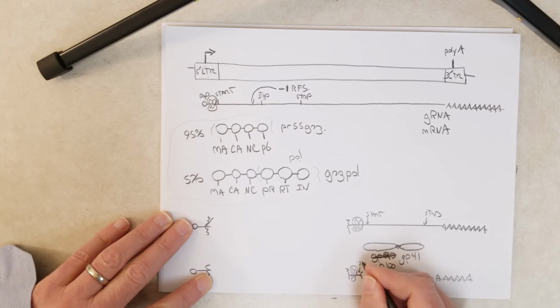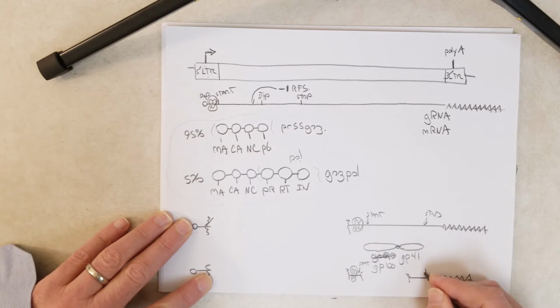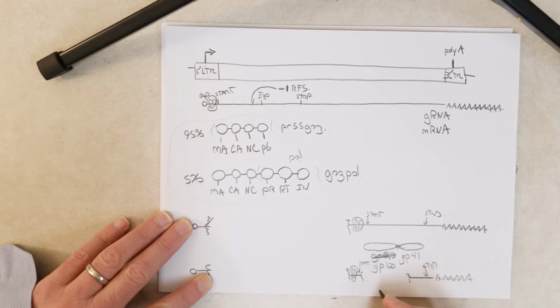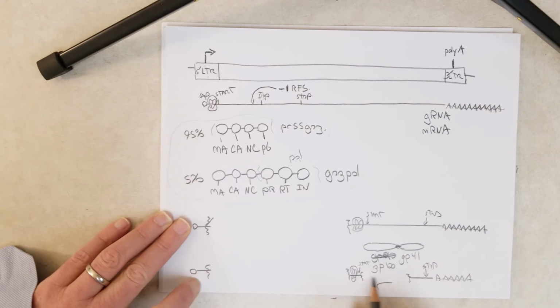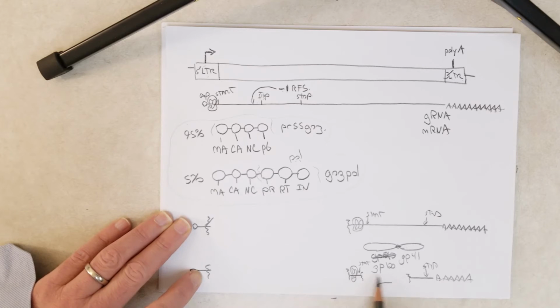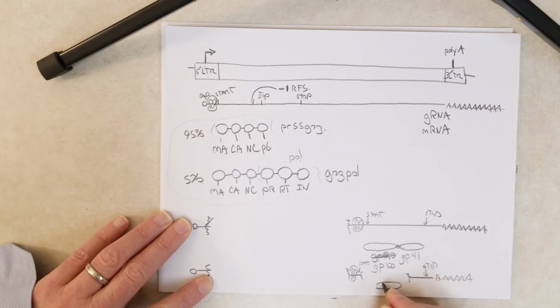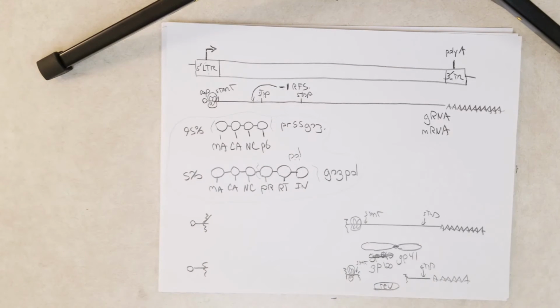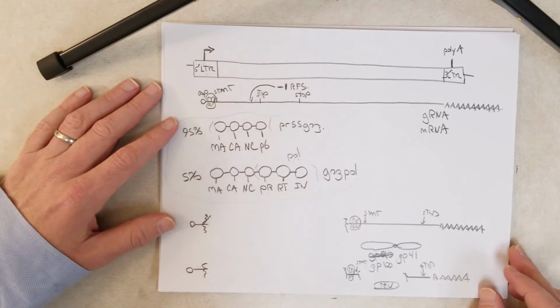There's a start codon here, and the stop is going to be down here. Translation of this messenger RNA, removing these two introns, is going to give us the Rev protein. And the Rev protein is another one that we need for the viral vectors to work.